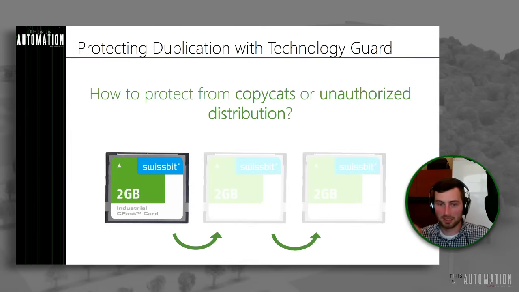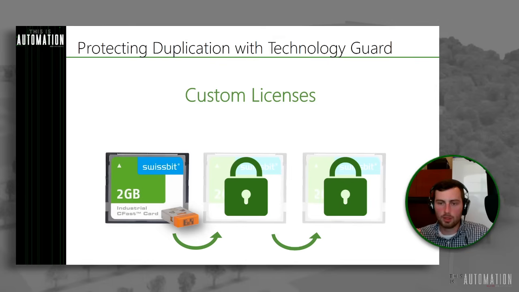Again, we said compiled binaries are protecting you inherently. People can't reverse engineer your code, but what if they don't want to reverse engineer your code? What if they just want to distribute your system, unauthorized, and undercut your pricing? That's possible. So to really protect ourselves to the fullest extent, we can use the technology guard to prevent this being a feasible implementation.